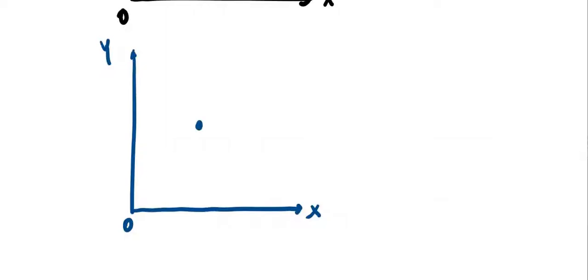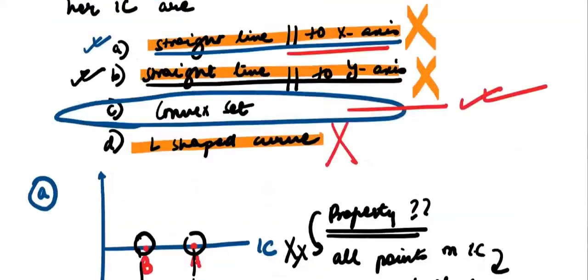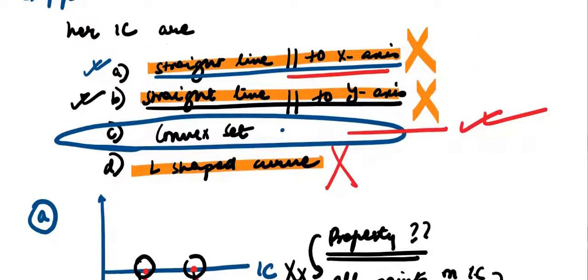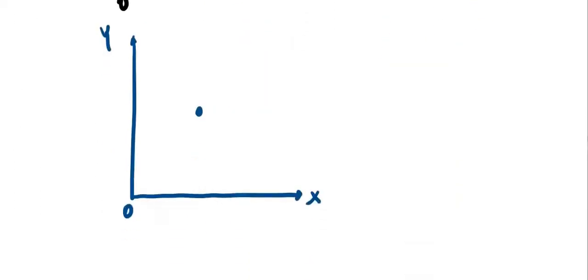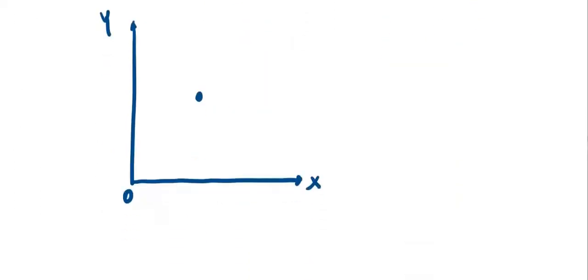Now, here is the thing that DSE will do and how they will confuse you. They could have very well written the fourth option as a point instead of convex set, and you would have known the answer, because we just proved that lexicographic preferences are simple points. But how do I show that this is a convex set?